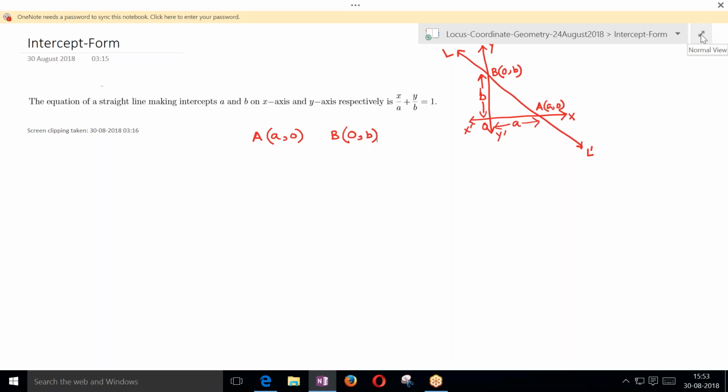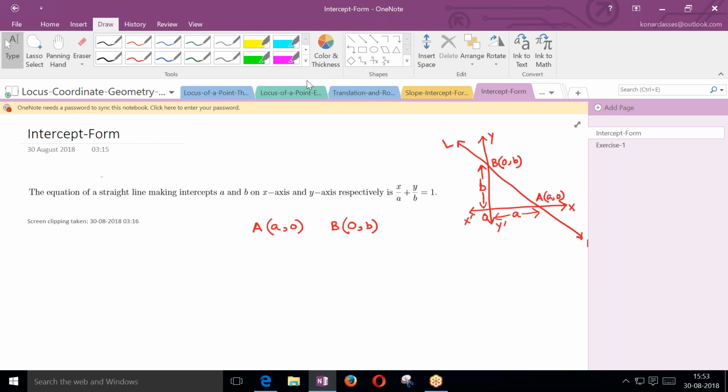We can compare these with (x1, y1) and (x2, y2), where x1 is a and y1 is 0, and x2 is 0 and y2 is b.